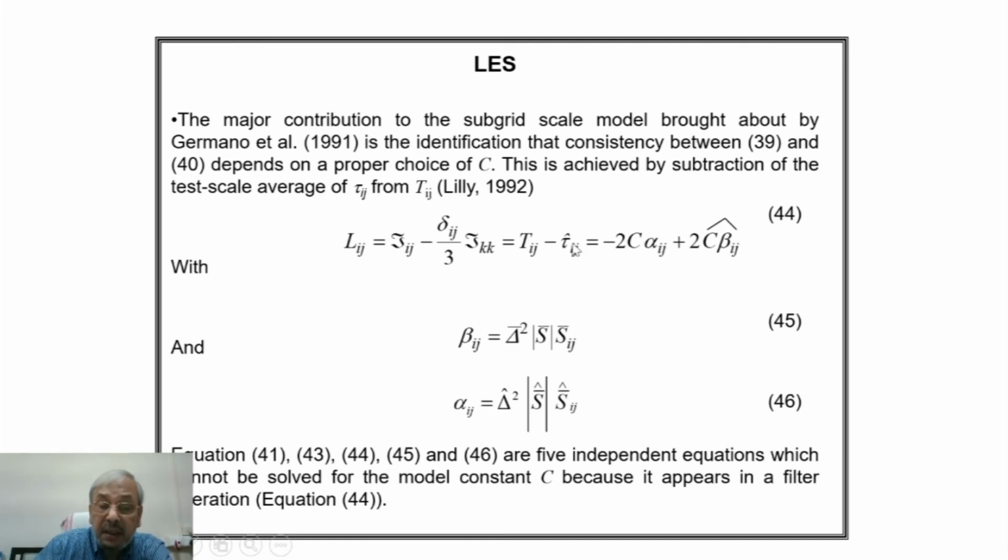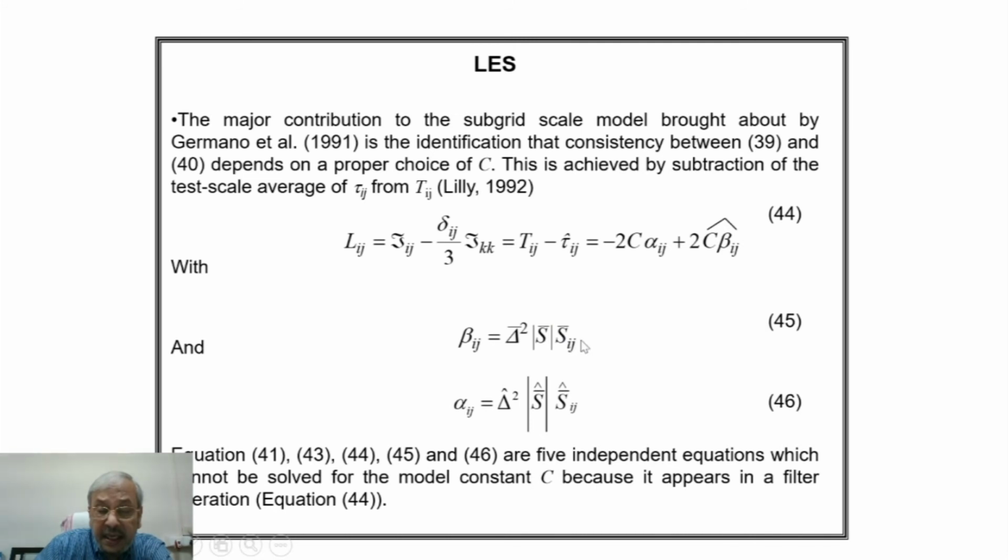at the grid level. Now we are applying filter with a circumflex. So beta ij is originally, this is the grid level representative of the grid size squared, S bar mod into Sij.